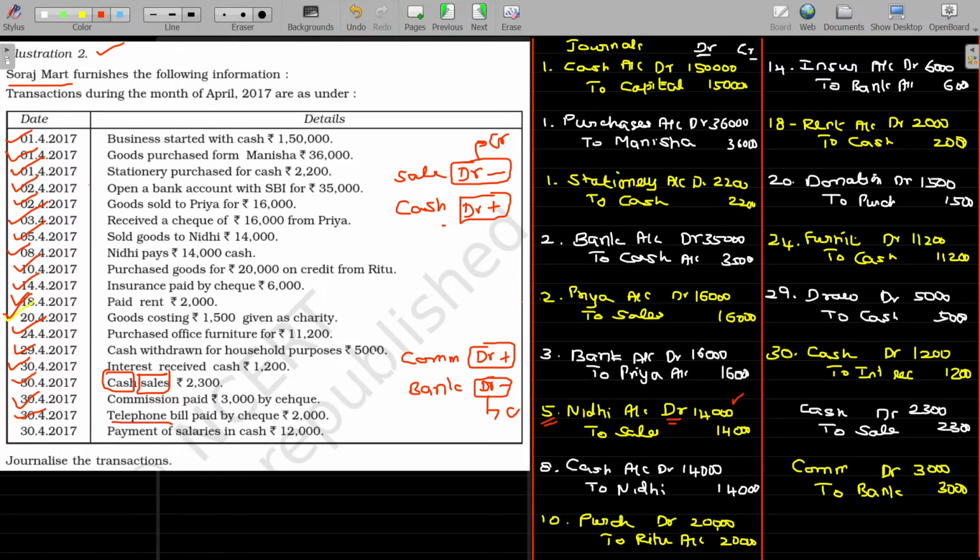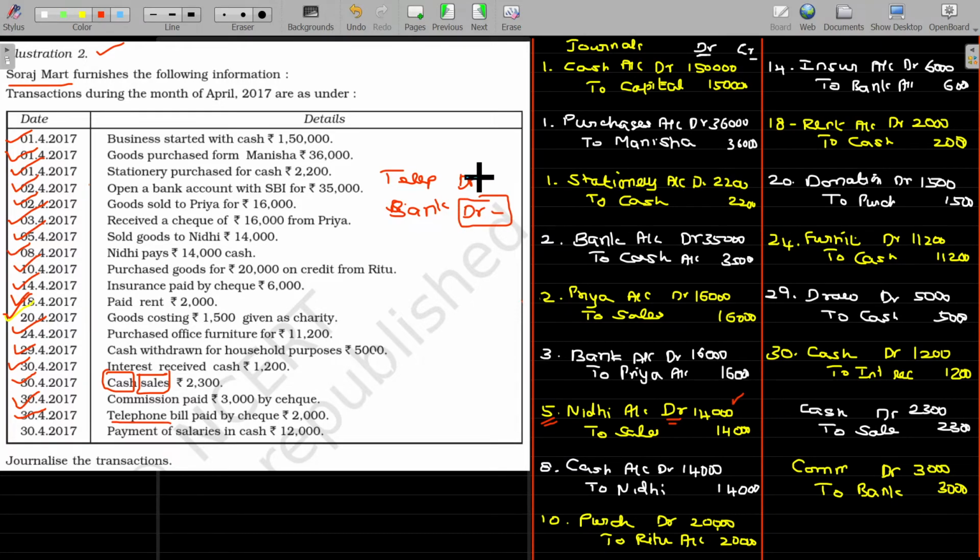Telephone bill paid by check. Again, we have two items here. One is telephone bill, and check means SBI, bank. Okay, bank. Telephone bill is also a debit balance, bank is also a debit balance. Because of this payment, the bank balance decreases.